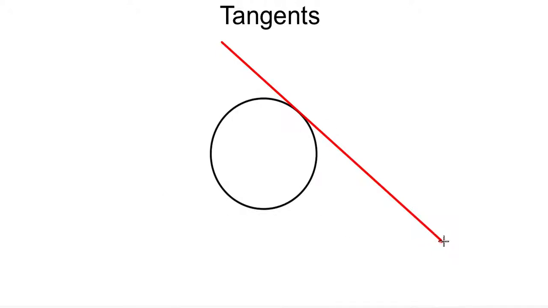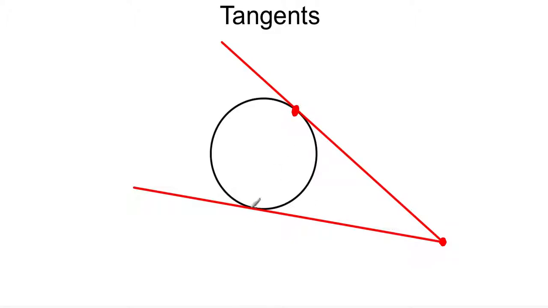If I have two tangents that intersect outside of the circle, just like this, notice that at one end they're going to go away from each other forever, but at one point they intersect.